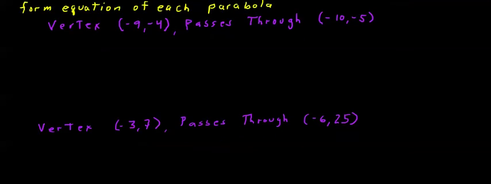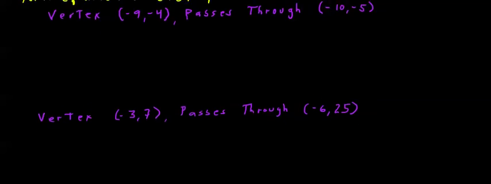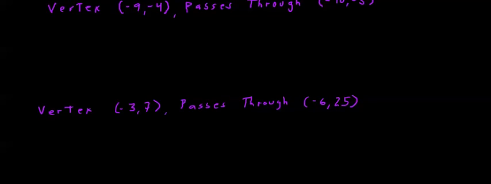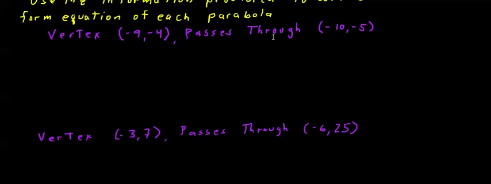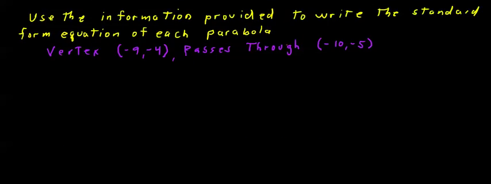Our first example, we have the vertex at -9, -4, and passes through this point. Since we know the vertex, we're going to use the vertex form. Remember, that's y minus k equals a times x minus h quantity squared.